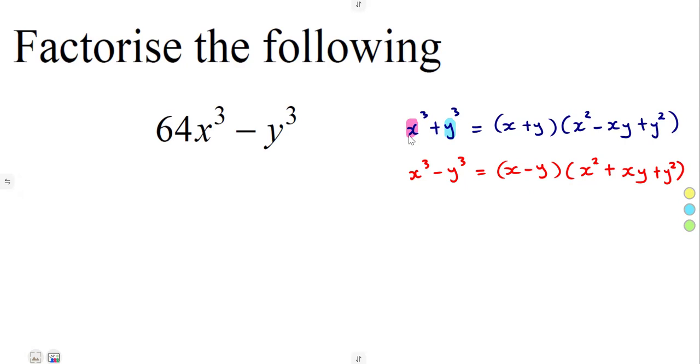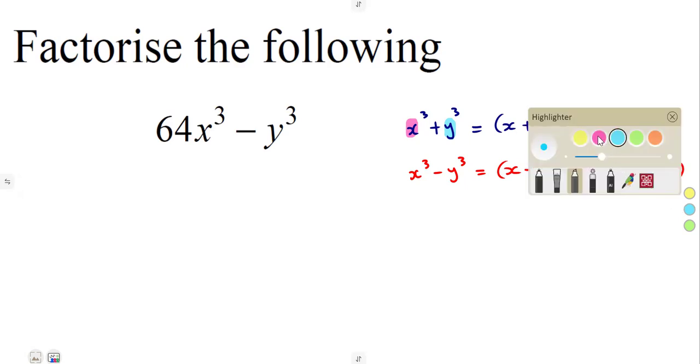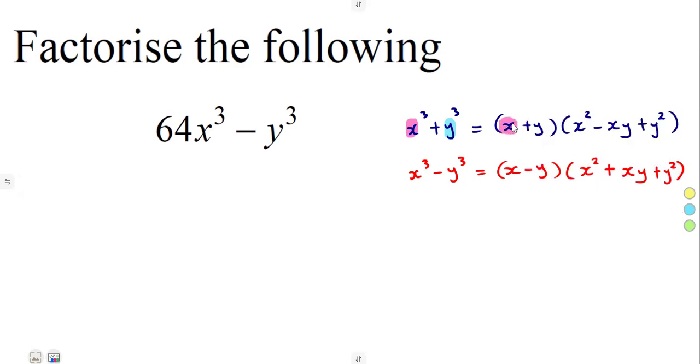So we've got the first term to the exponent of 3, last term to the exponent of 3. When being added like this, we are going to have the first term plus the last term.